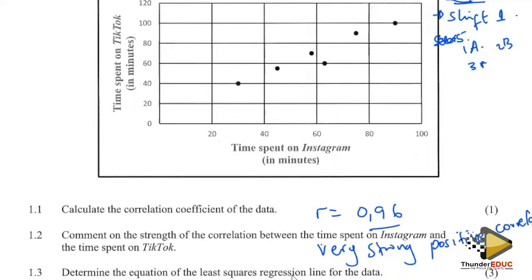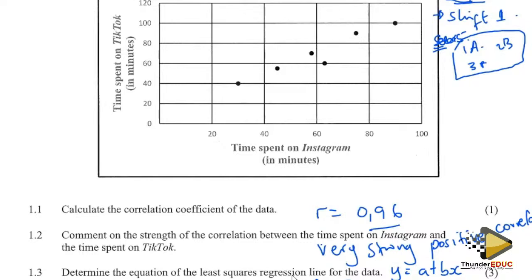Then they want the equation of the least squares regression line, which must always be in the form y equals mx plus b. But this will be in the form of a plus bx. From our calculators, again Shift and 1, then you choose number 5 for regression. We shall get our values of a and b. I'm getting my a as 8.12, and my b as 1.015 if I round to 3 decimals.